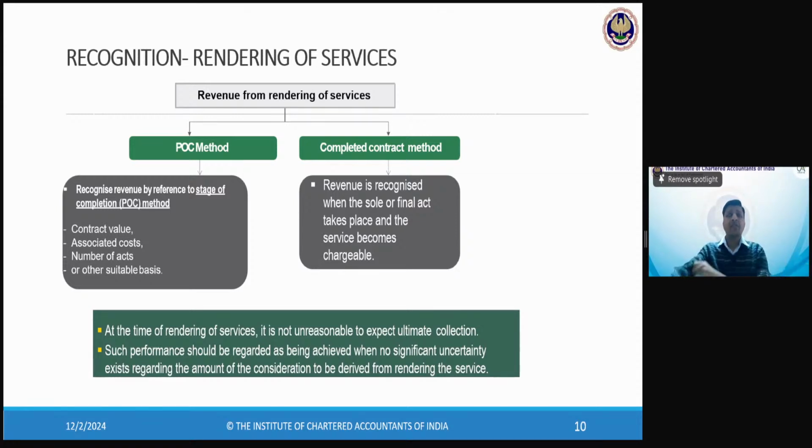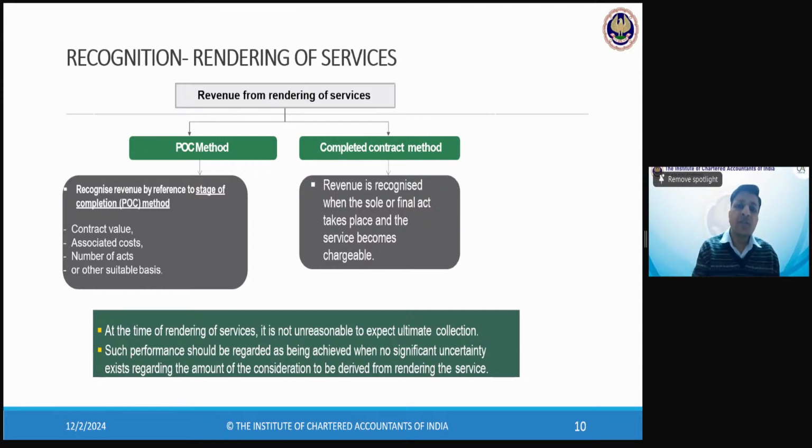Now, what is the completed contract method and what is the percentage of completion method? At times, the terms and conditions between the buyer and the seller could be such that till the contract is completed, risk and rewards in relation to that contract will not be taken up by the buyer. So the buyer may say that only when it's fully completed, I'll accept that.